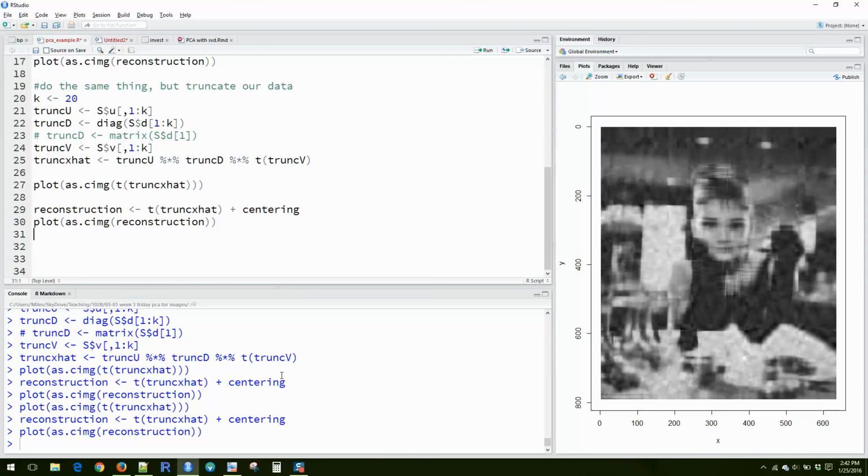So is there a way for you to calculate the amount of variance that each component is accounting for? Right. So that comes from our diagonal, the D, which is your singular values. D are the square root of the eigenvalues.